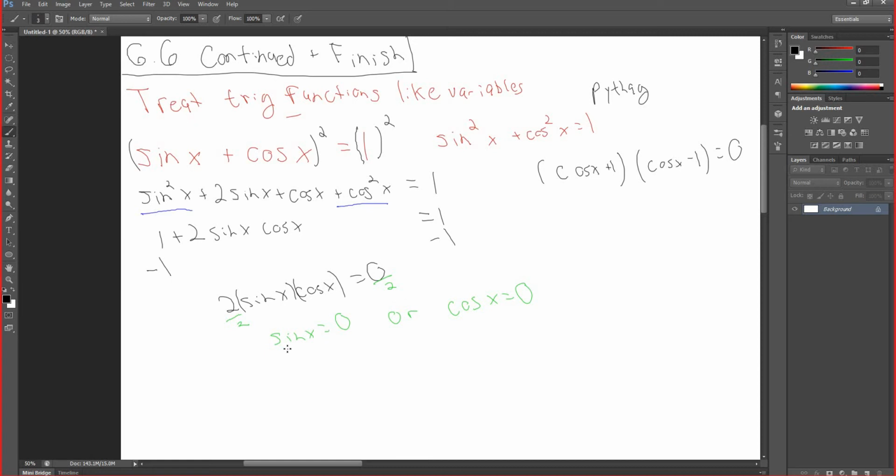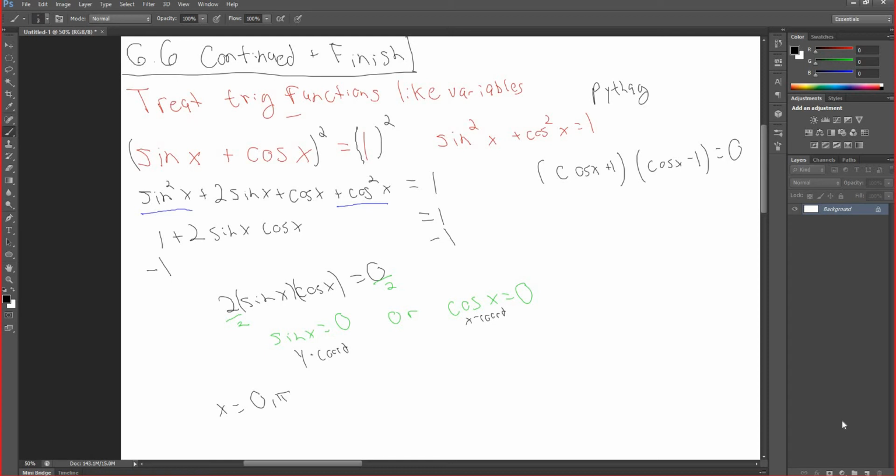What angles give me a y-coordinate of 0? Where is my y-coordinate 0? That's 0 and pi. Where is my x-coordinate equal to 0?